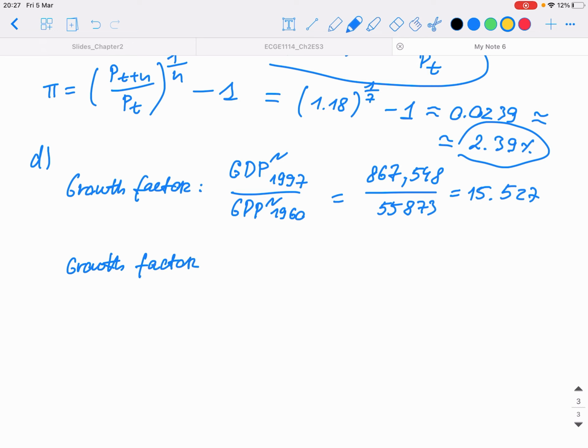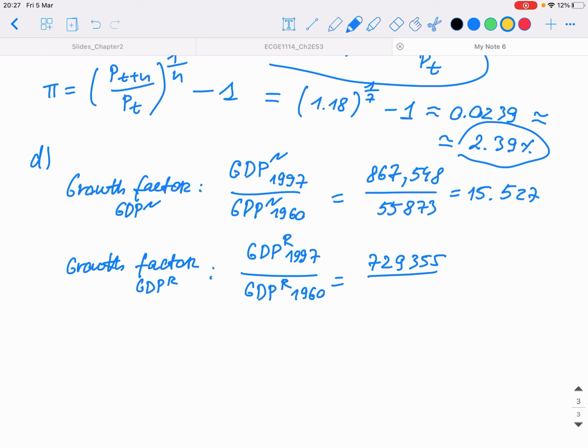So here we have GDP that is nominal, here we have GDP that is real, and so we just take real GDP of 1997 and divide by real GDP of 1960. And we get 2.95.